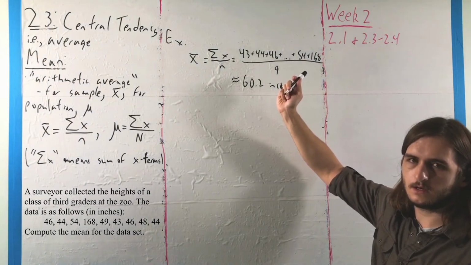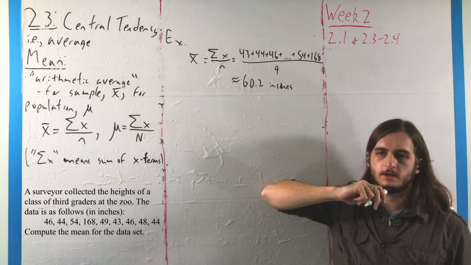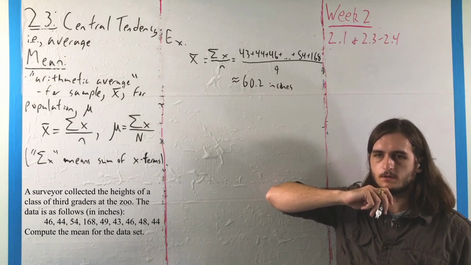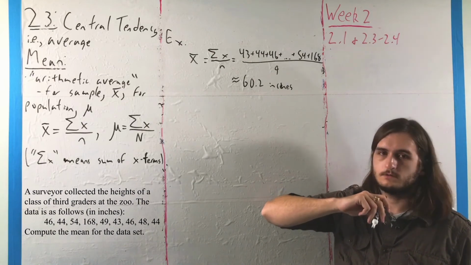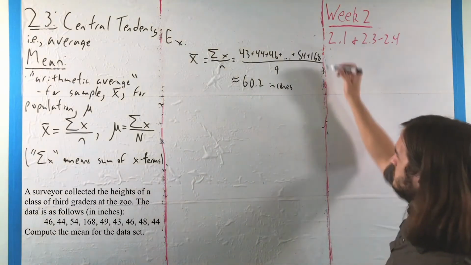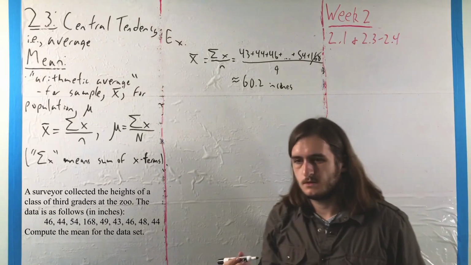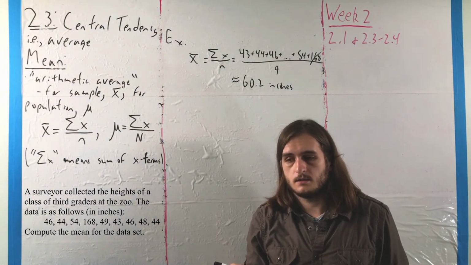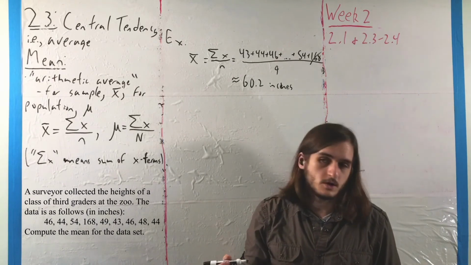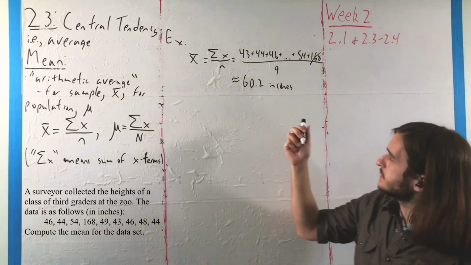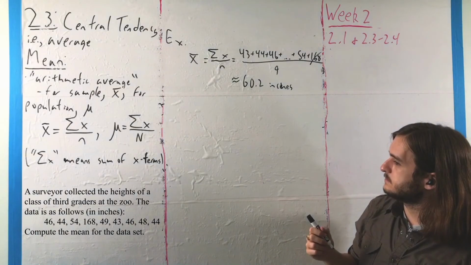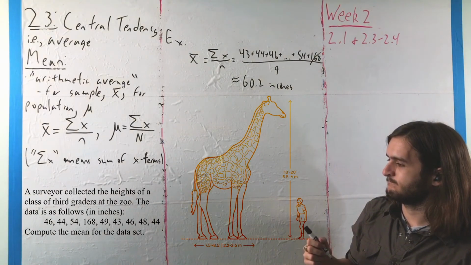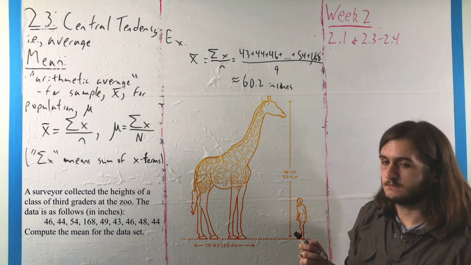How is there a third grader that's 14 feet tall? The answer is, realistically, there isn't, because our surveyor wasn't very good at his job. When he collected that sample, he threw in a giraffe. He was at the zoo, after all.